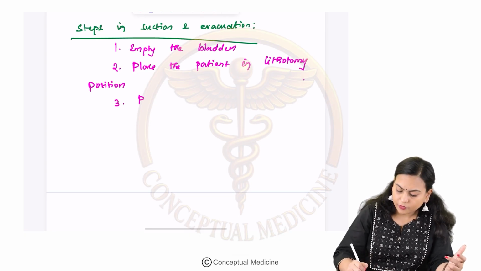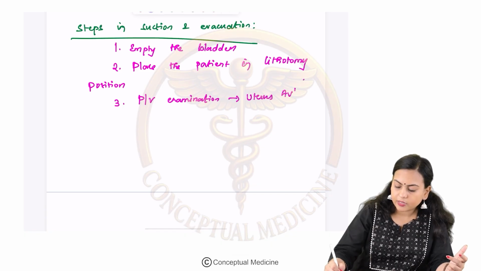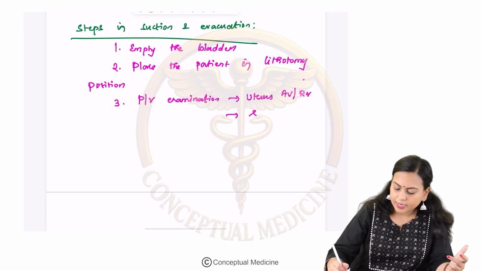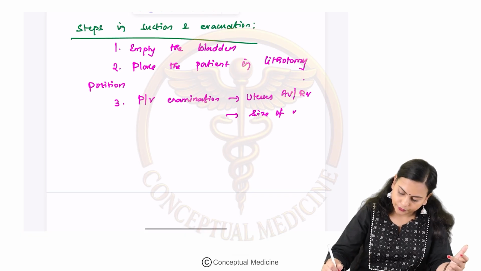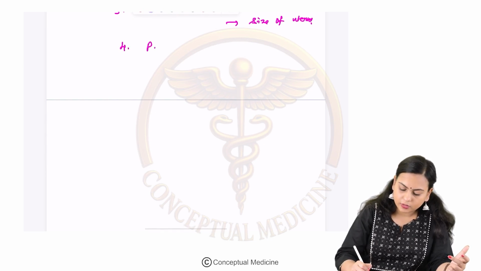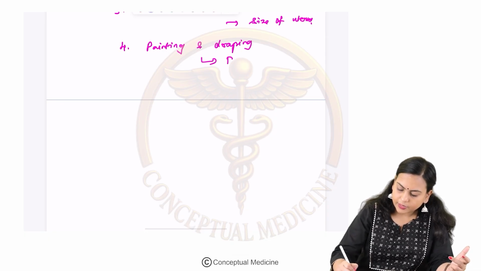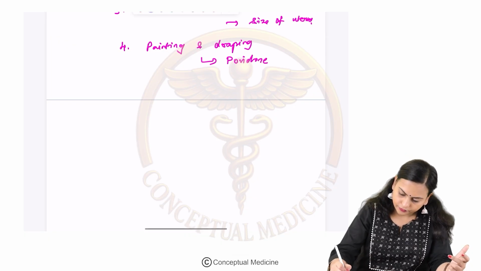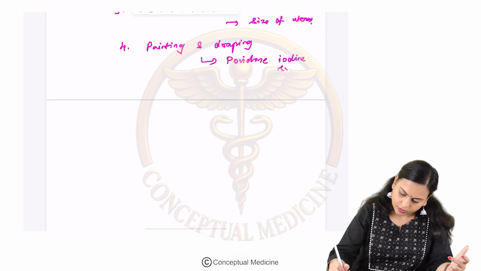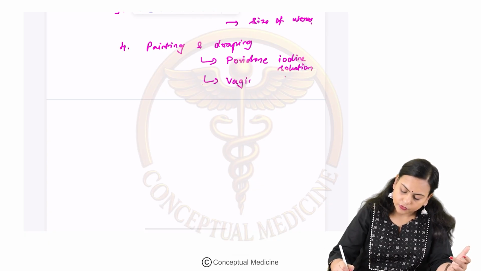Then at this stage, perform a pervaginal examination again to know about the uterus, whether it is anteverted or retroverted, and even the size of the uterus also. Okay. Then you will do painting and draping. Okay. We'll use povidone iodine solution, and this painting should include the vagina and the cervix also.